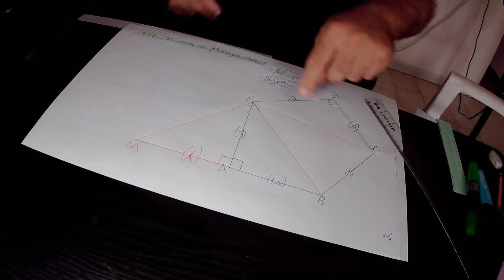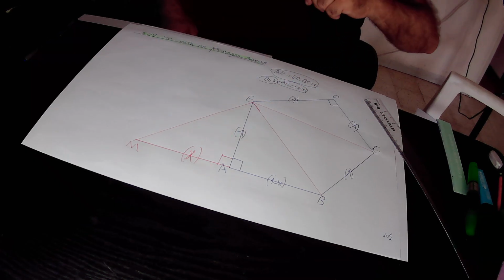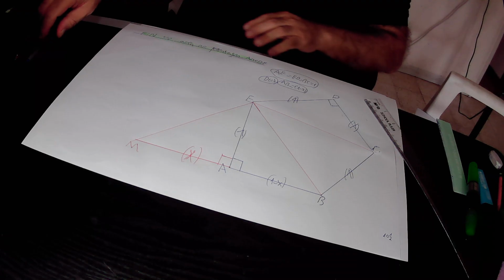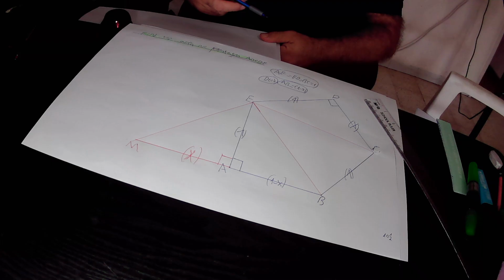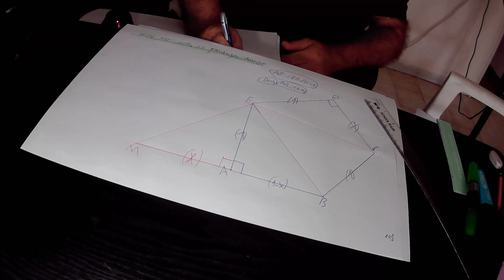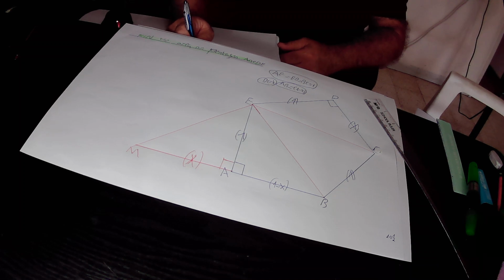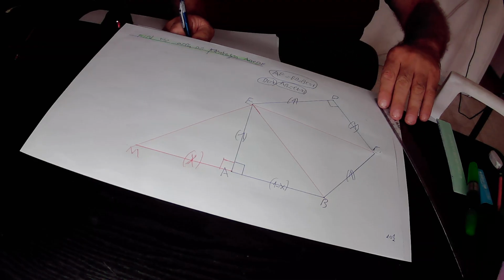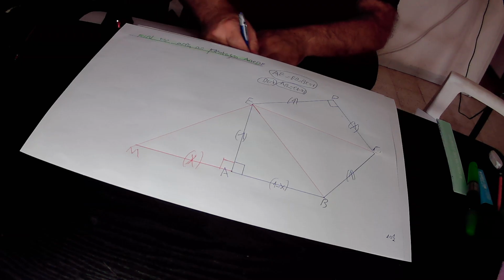That is to say, we prove that the right triangle EDC is congruent to the right triangle EAM according to the side angle side rule. So right along, we have to prove that the right triangle EAM is congruent to this right triangle EDC according to the side angle side rule.